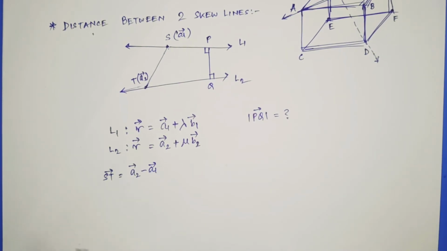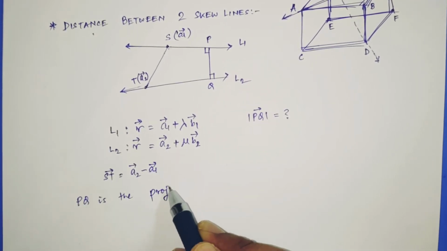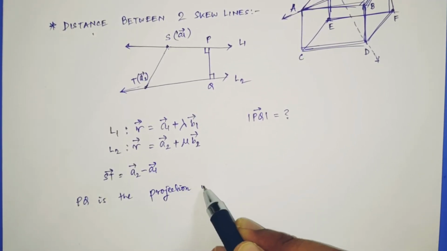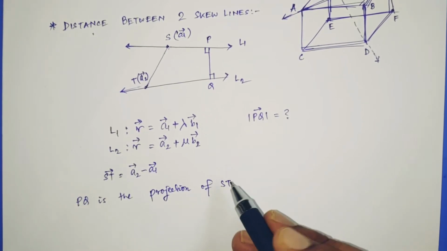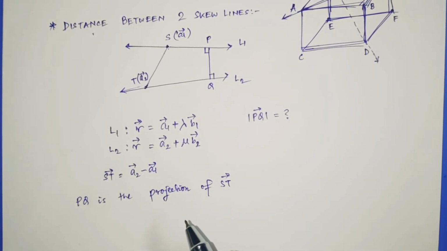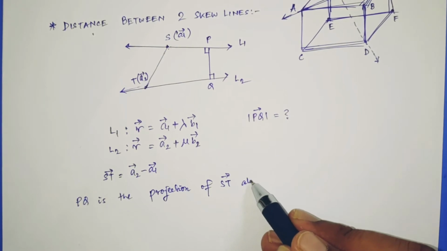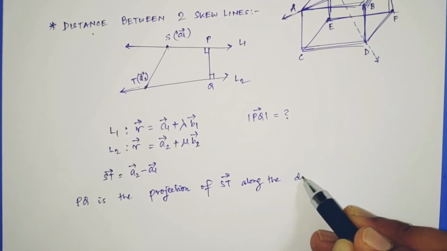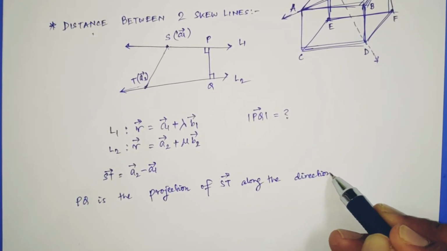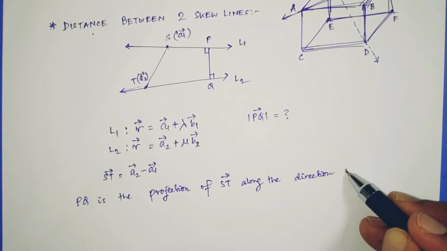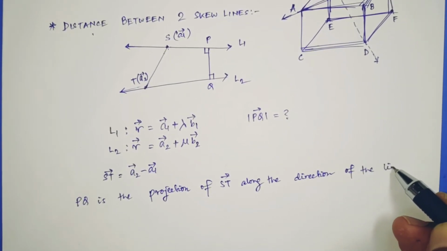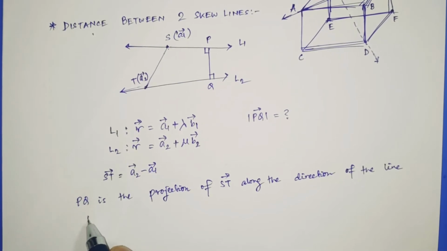So what can I write? PQ is the projection of ST vector along the direction of the line of shortest distance. Yes or no?